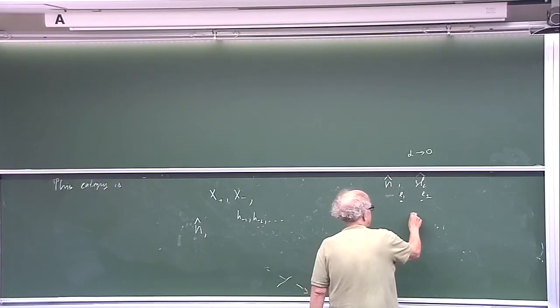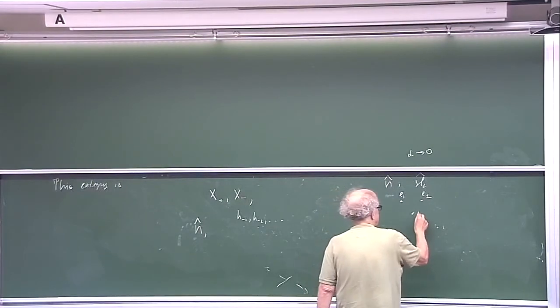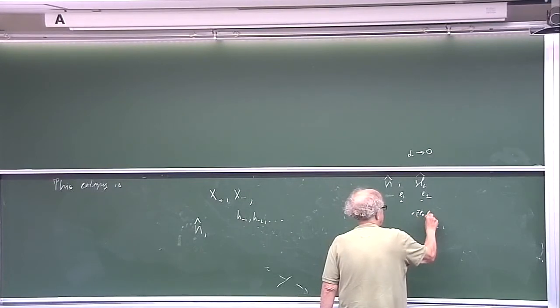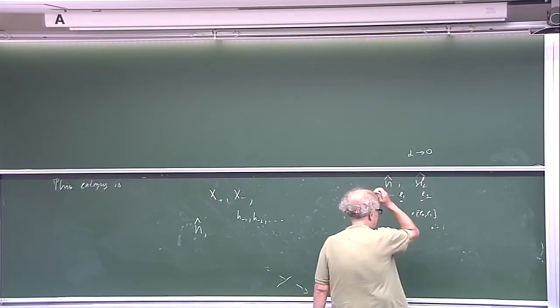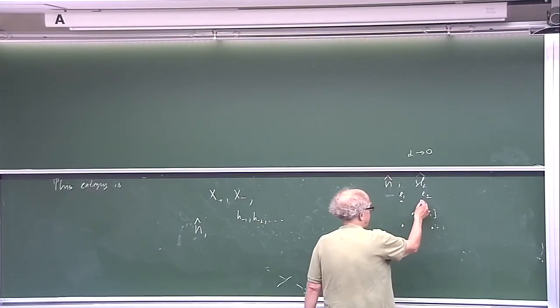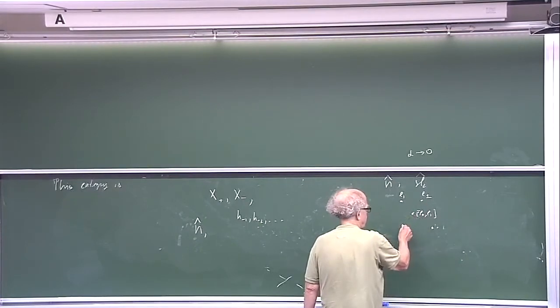Then we have a bracket, the bracket of E0 and E1. Then I can take a bracket here, I can take a bracket here. Yes, and the third relation is saying that I have one bracket, two brackets, and three brackets is 0.